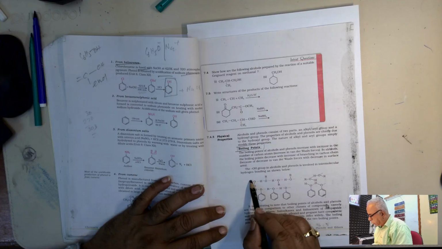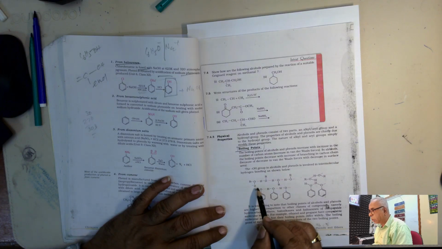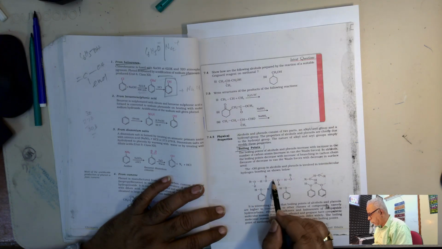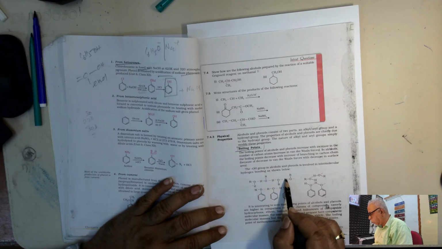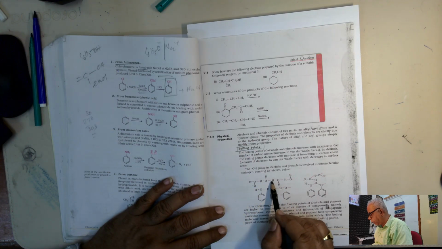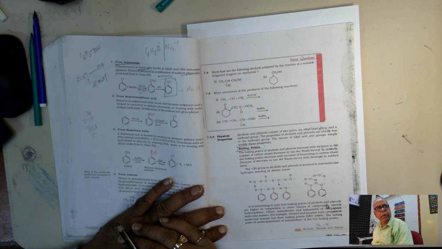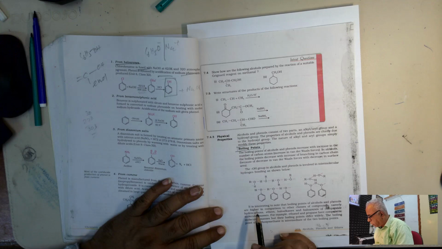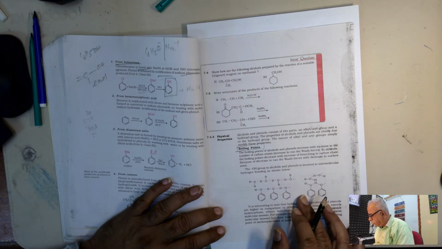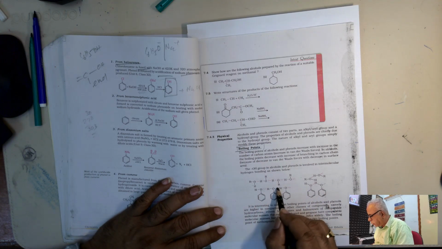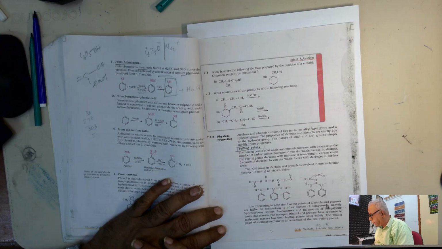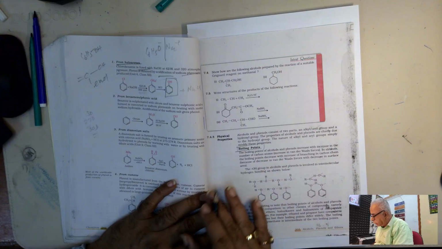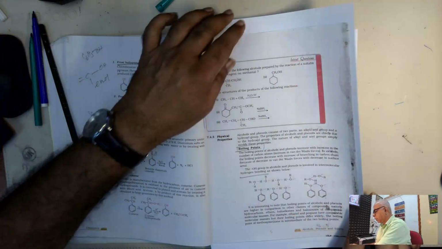So, this is alcohol, is it not? ROH, and then HOR, and then HOR. You are able to find the hydrogen bonding among the molecules, right? And what about the phenol? There also you are able to get this intermolecular hydrogen bonding. What is hydrogen bonding?